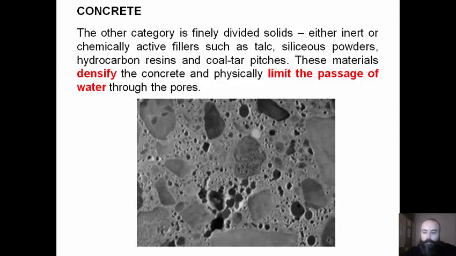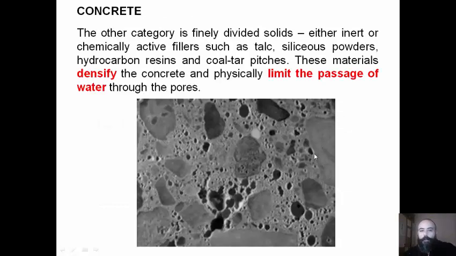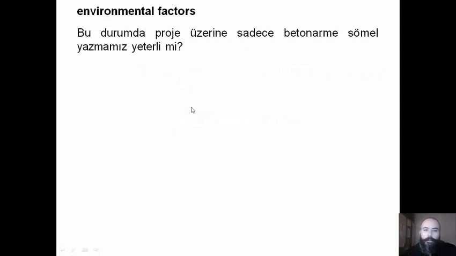In my opinion, if we don't want water to go into the pores and expand during the freeze-thaw cycles, we need to choose the second category of waterproofing admixtures. It's the finely divided solids, such as hydrocarbon resins. This product limits the passage of water through the pores.